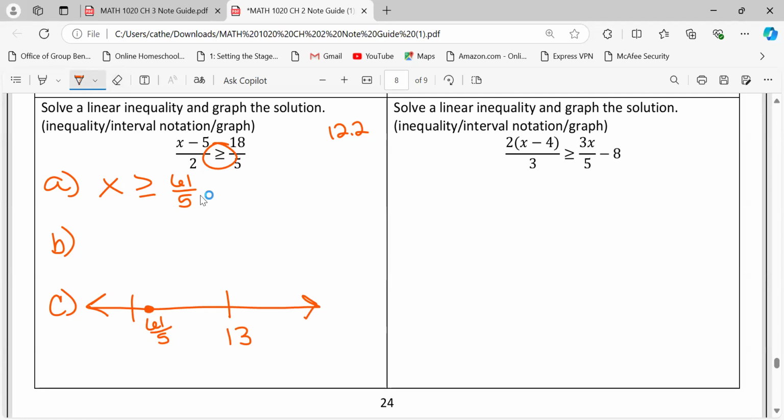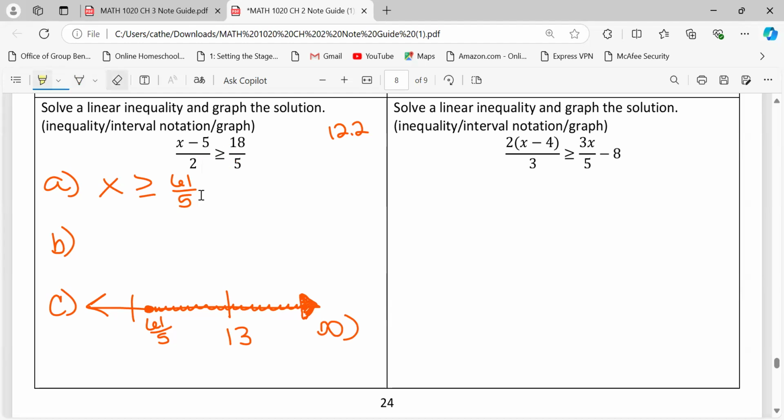The inequality symbol points in the direction we need to shade. So we're going to shade to the right. But this time, if we're going to the right, we're going towards positive infinity, which always has a parenthesis on it. If we look at the inequality symbol, there's a line underneath it. So that means there's a bracket on 61 over 5.